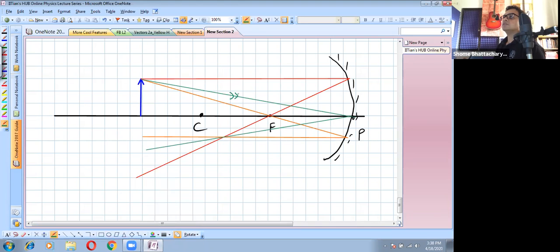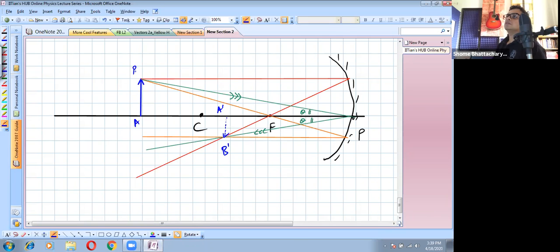So anyway, let's just work this out. This is like this, this is like this. So this angle, let's say theta, should be equal to this angle. And of course, here the image of this point is this one. So this is B prime, A prime.